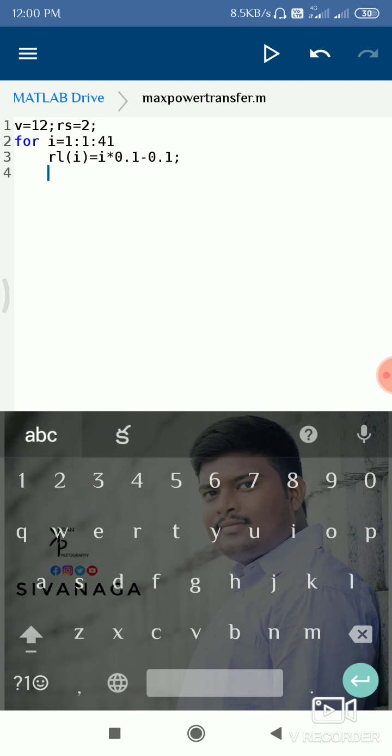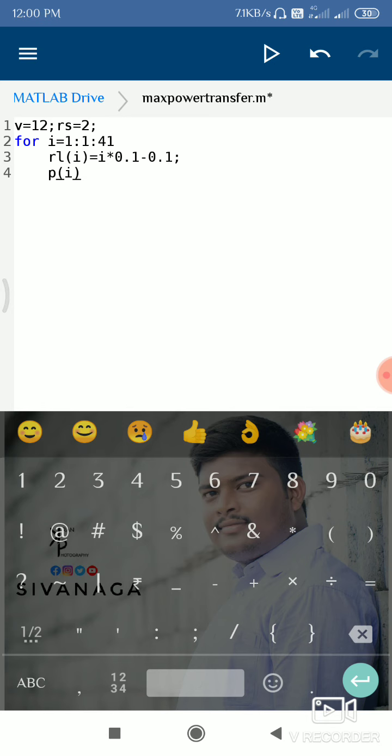So power at every current increase. Now P equal to, we know P equal to V Thevenin by R Thevenin plus R load. We know P equal to I square RL.